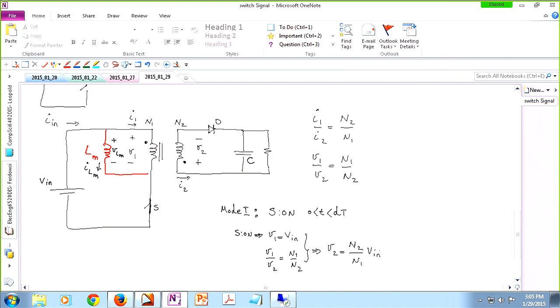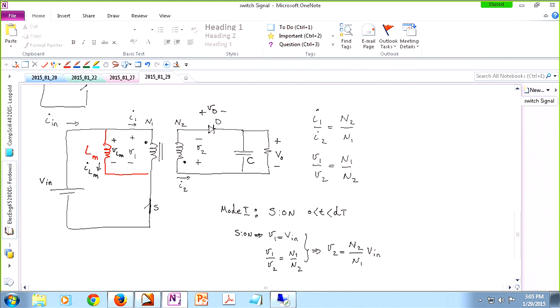So why do we find V2? Because then we can write KVL around the loop on the output side and see what kind of voltage appears across the terminals of this diode. Remember, the voltage of a diode is always from anode to cathode. And this is the polarity that we assume the output voltage has. The top one is positive, the bottom one is negative, then later on we have to verify this.